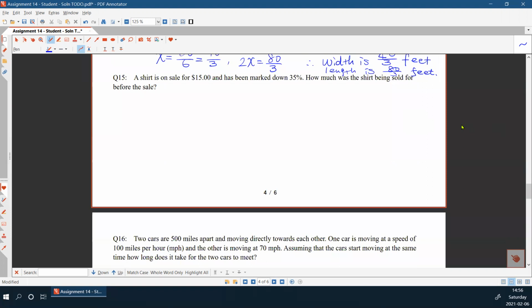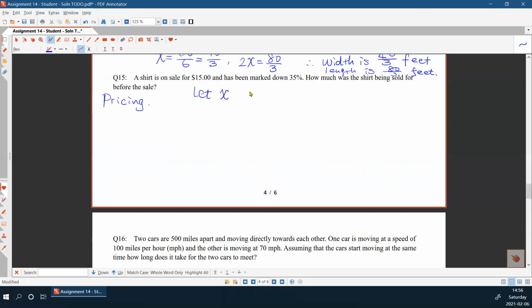Let's see question 15. Okay, question 15 is a typical pricing problem. It tells you that a shirt is on sale for $15 and has been marked down 35%. And it asks you how much the shirt was being sold for before the sale. So here we want to find the original price, right?